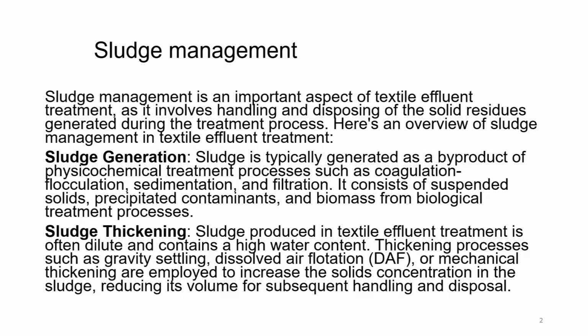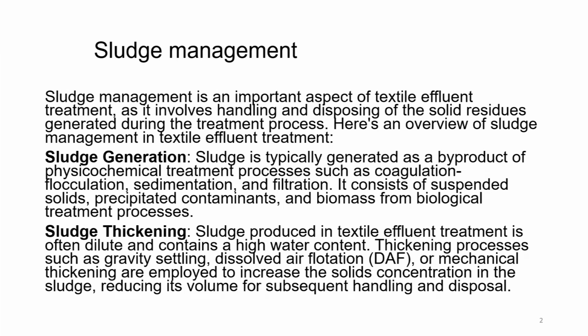Sludge is typically generated as a byproduct of physico-chemical treatment processes such as coagulation, flocculation, sedimentation and filtration. It consists of suspended solids, precipitated contaminants and biomass from biological treatment processes. So, there is a huge amount of sludge that is generated.